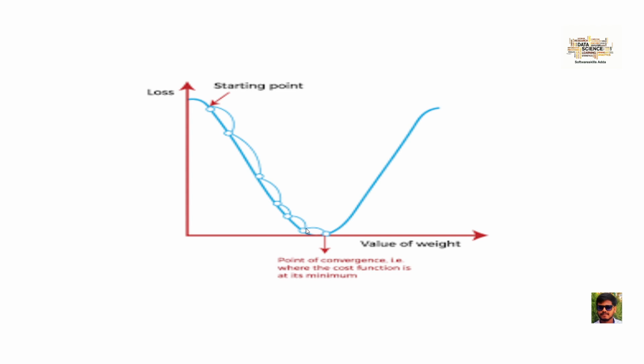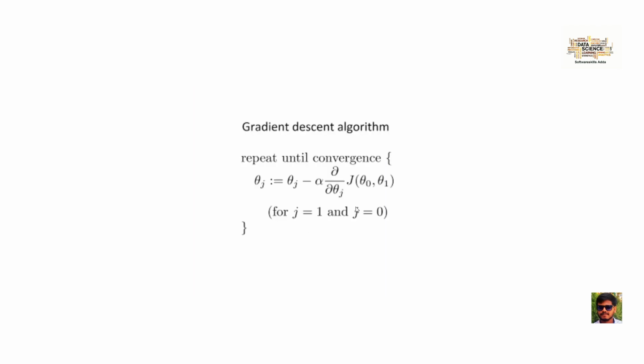Whenever the point reaches the global minimum, the error will be minimum. For that purpose, the point has to reach the global minimum. For that we use this formula: repeat until convergence, theta j equals theta j minus alpha times the partial derivative with respect to theta j of J(theta naught, theta 1). This algorithm we will use.